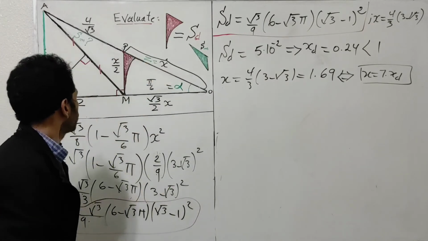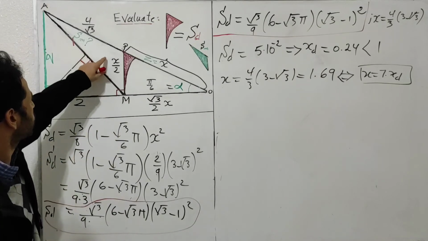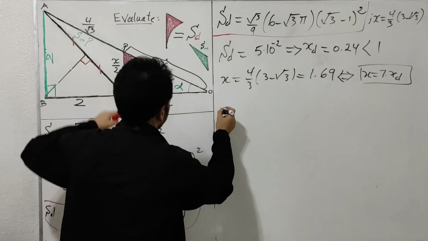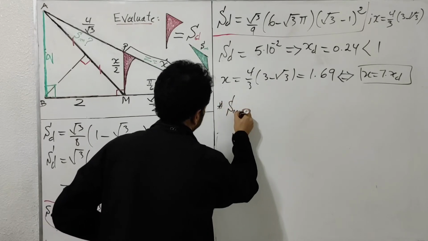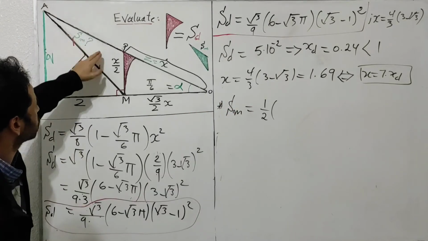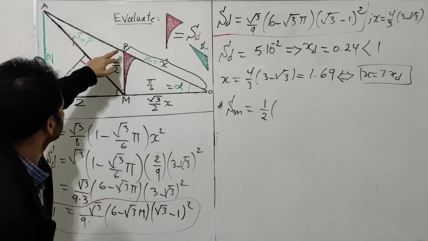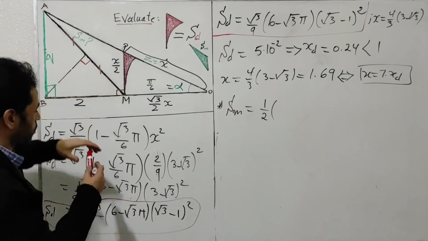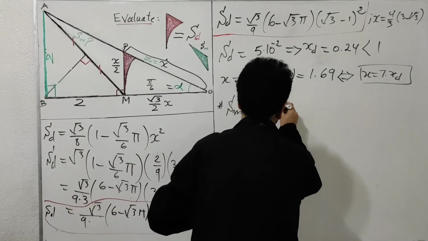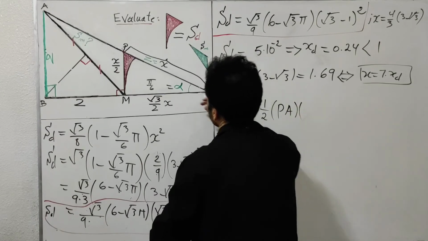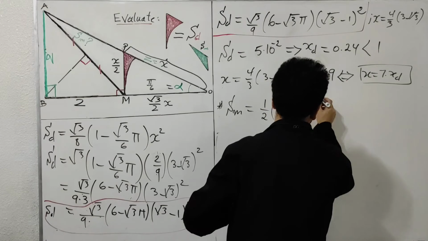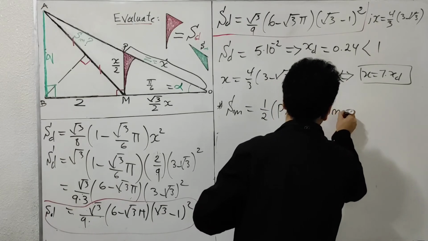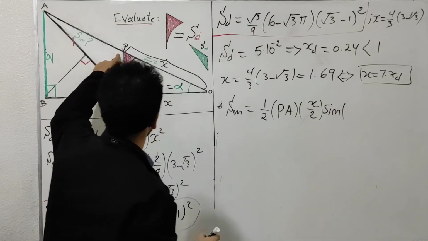Now let's move on to calculate the area SM of this triangle. The area of this triangle equals half multiplied by this distance PA, multiplied by x over 2, multiplied by the sine of this angle.